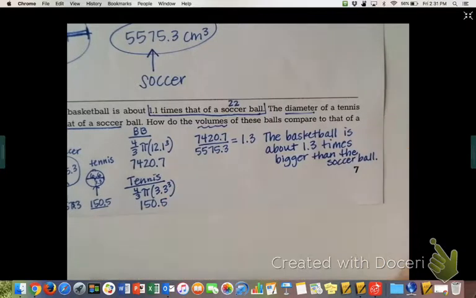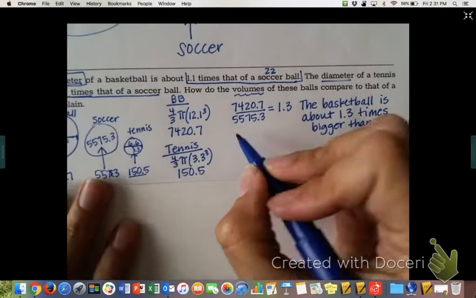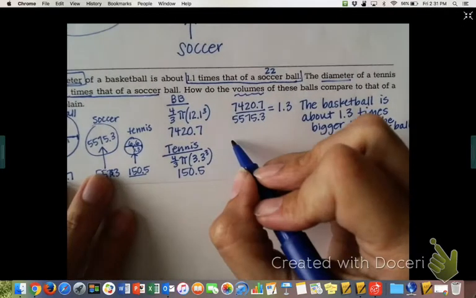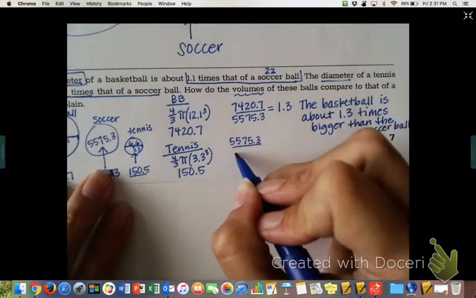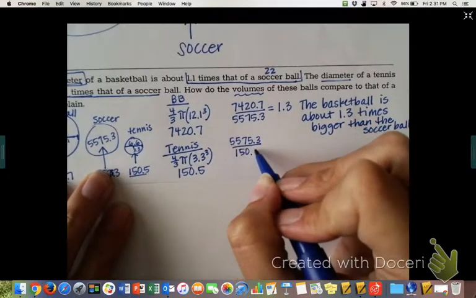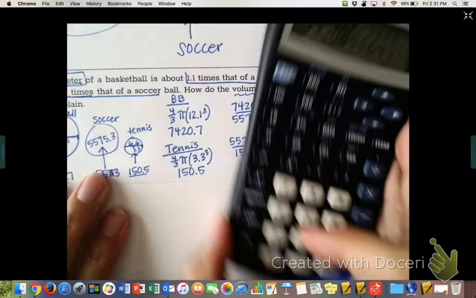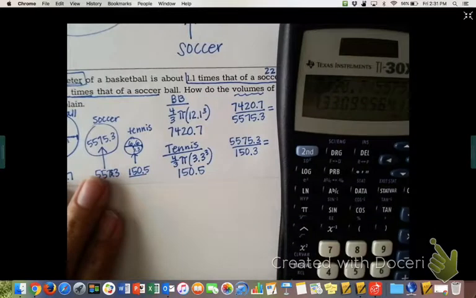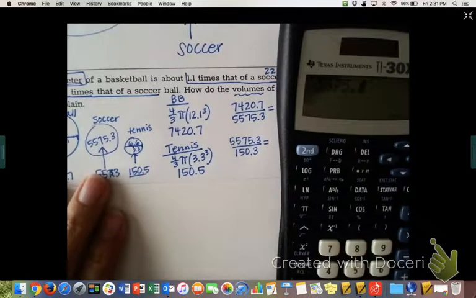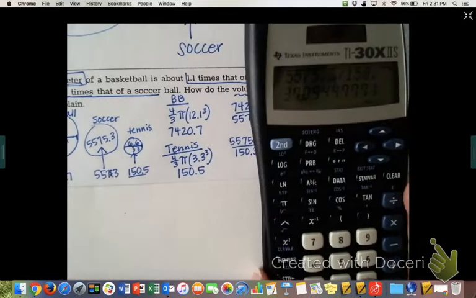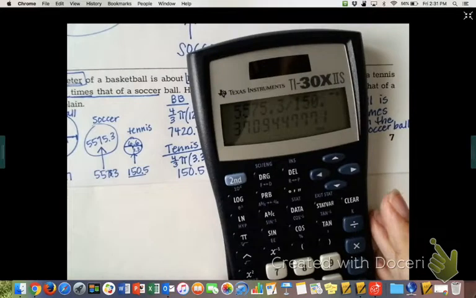And now let's divide the soccer ball by the tennis ball so we can compare those. So again, our soccer ball was 5575.3 and our tennis ball was only 150.3. So when we divide those, let's see what we get. Alright, so you have 5575.3 divided by 150.3. It's about 37.1 if I round it.